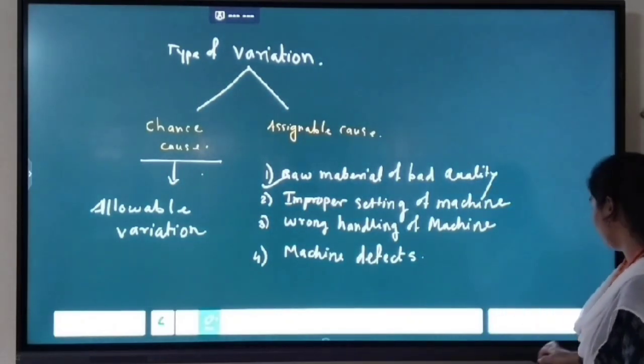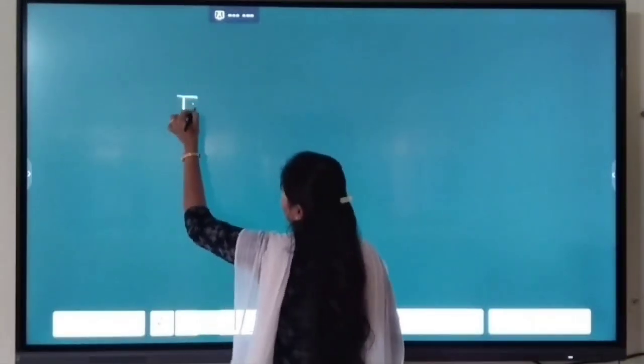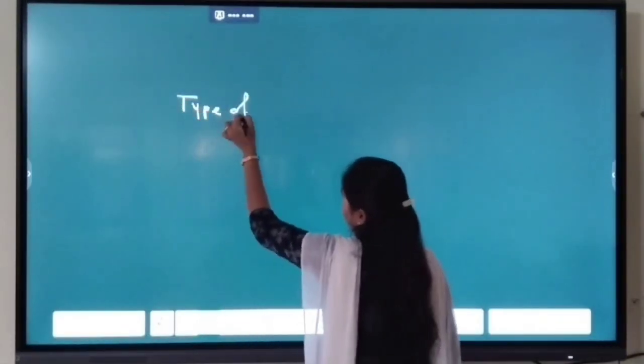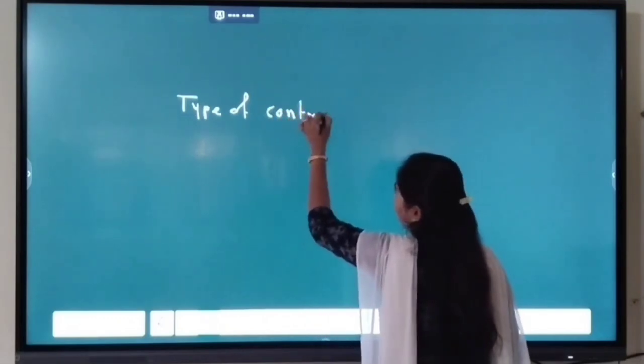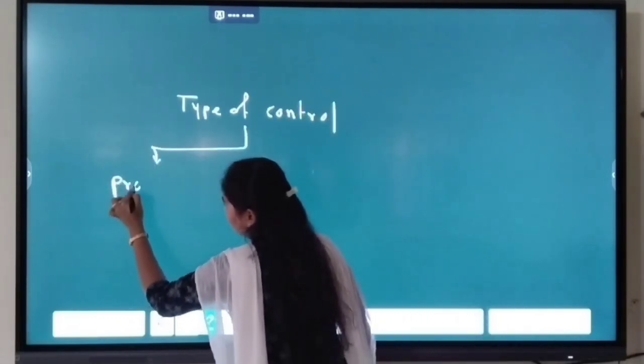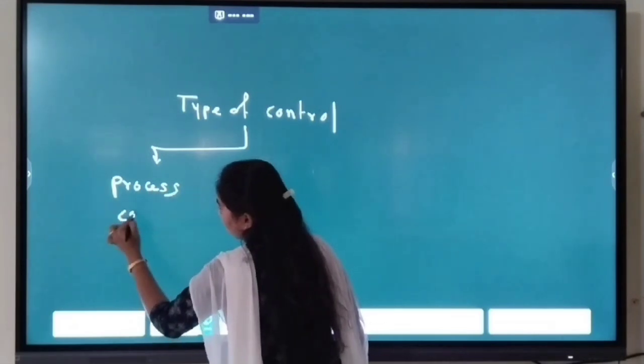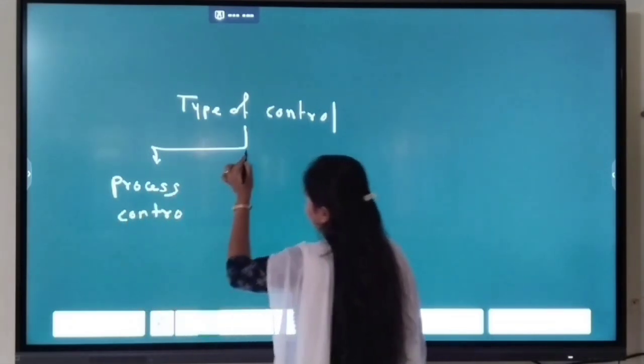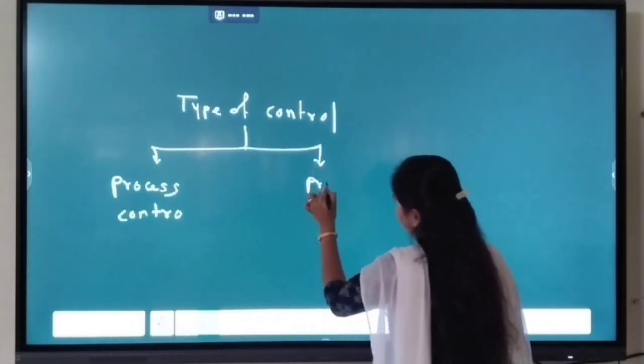Next we see type of control. There are two types of control. First one is process control and next one is product control.